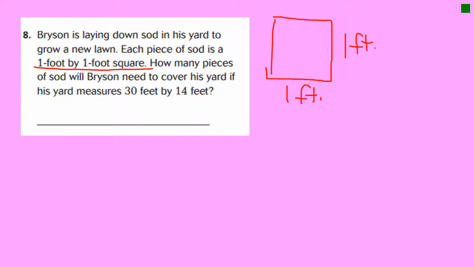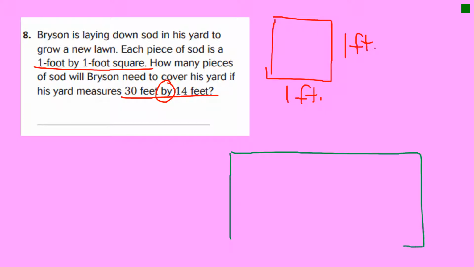How many pieces of sod will Bryson need to cover his yard if his yard measures 30 feet by 14 feet? Now, do you know what that by means? 30 feet is one dimension and the other dimension is 14 feet. I'm going to make this a green rectangle since it's talking about his yard, right? So we're going to make this a short side and a long side.